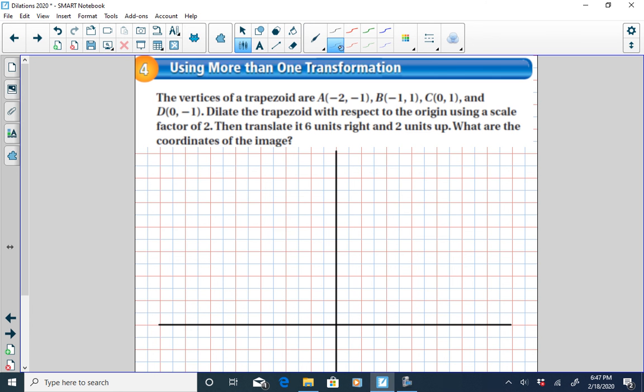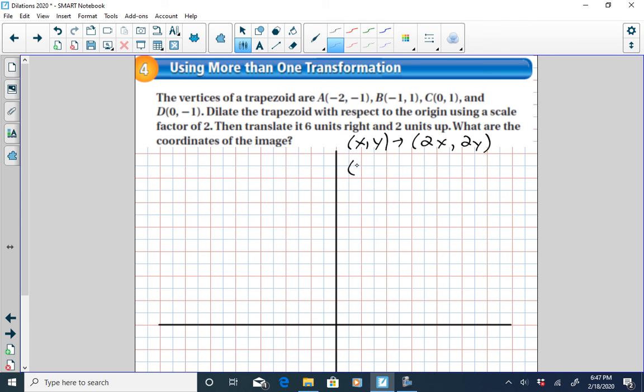Well, let's start with two rules, because we have two separate transformations here. One being a dilation, the second being a translation. So our first rule, (x, y) goes to, since we're talking about a dilation using a scale factor of 2, (2x, 2y).